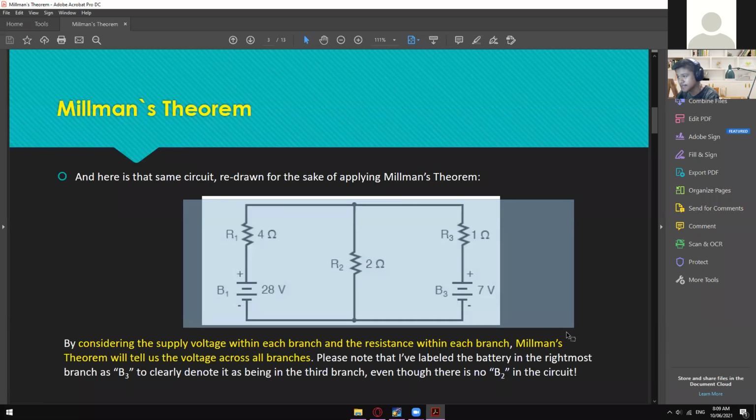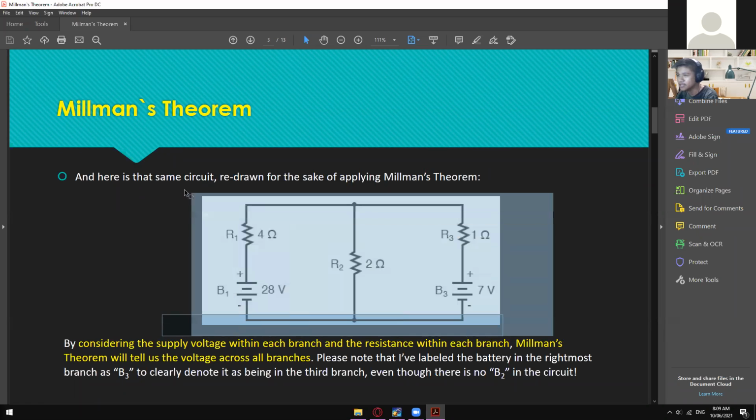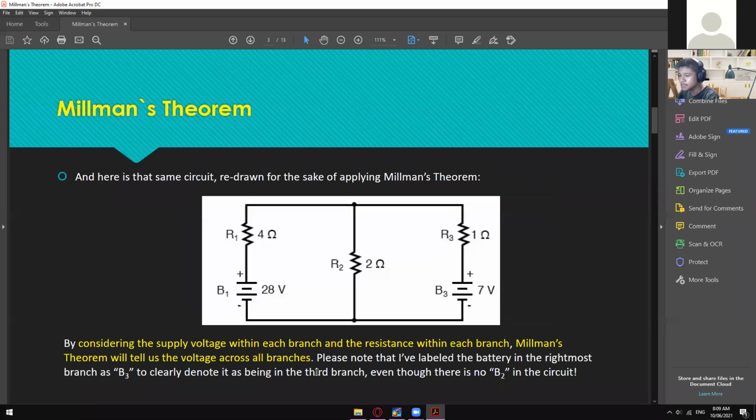So if we have this kind of arrangement of components, we can determine the voltage above and the voltage below, or the voltage across the entire parallel branches. Please note that the website itself labeled, not me, the battery in the rightmost branch as B3 to clearly denote it as being in the third branch.